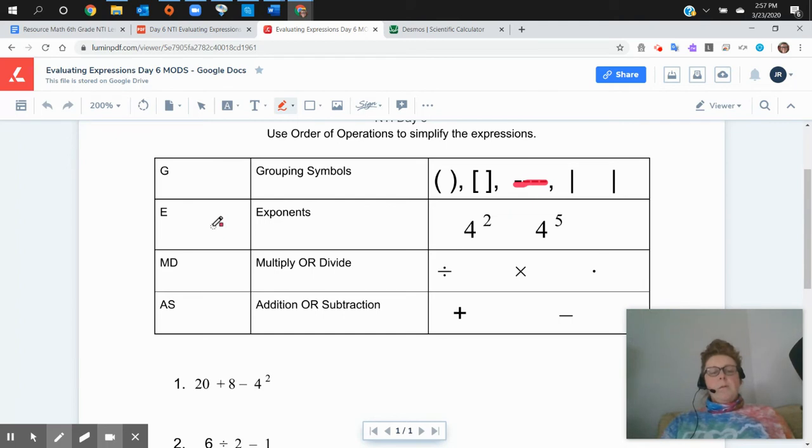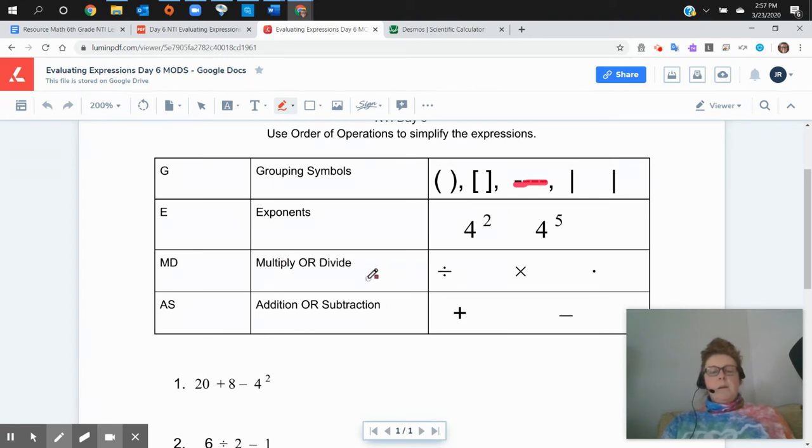The next thing we look for is E, for exponents. Remember that exponents are the little number up here. So 2 is the exponent in this value, and 5 is the exponent in this value. M and D, notice that the M and the D are side by side. It's multiply or divide.